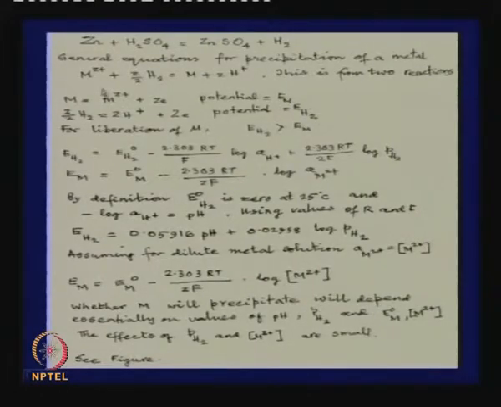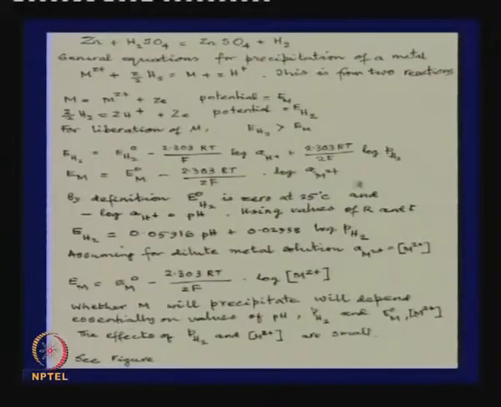Normally, if the metal is not very reactive, obviously the metal ion will not react to generate hydrogen. But if it is a reactive metal, then it will react to produce hydrogen. Then how will hydrogen precipitate from the solution a metal which is reactive? For that we have to do an analysis.